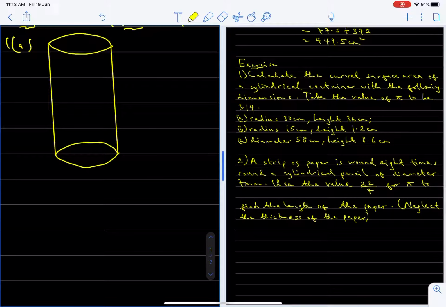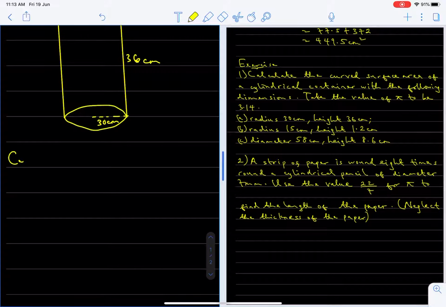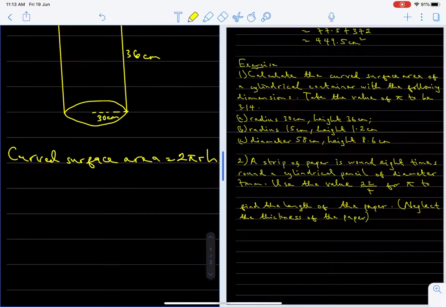Its radius is 30 centimeters and its height is 36 centimeters. Now, what's curved surface area? The formula for the curved surface area of a cylinder is given by 2 pi RH.